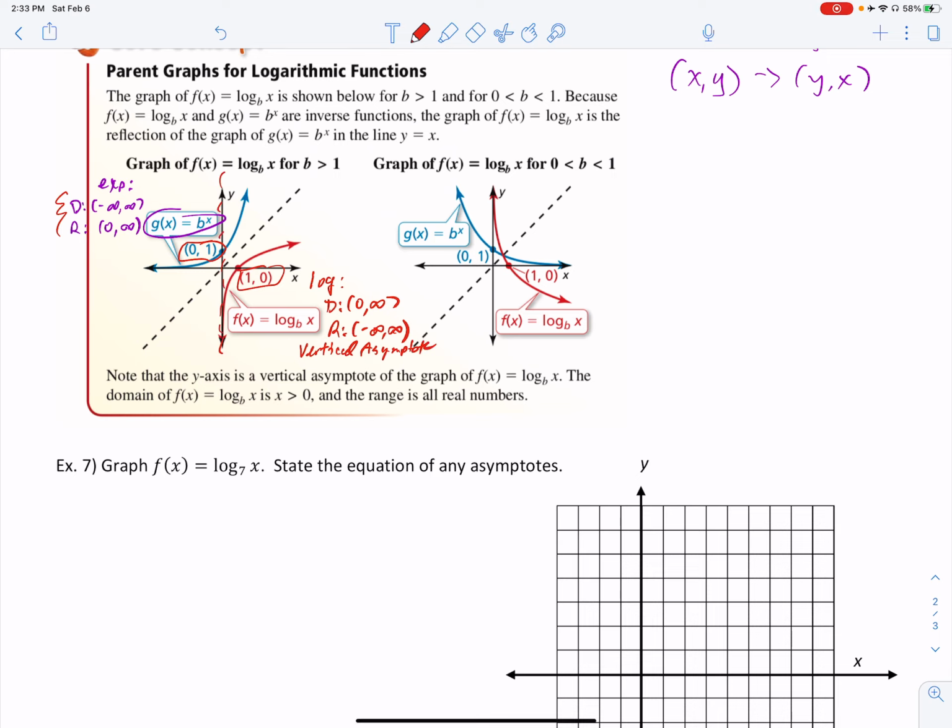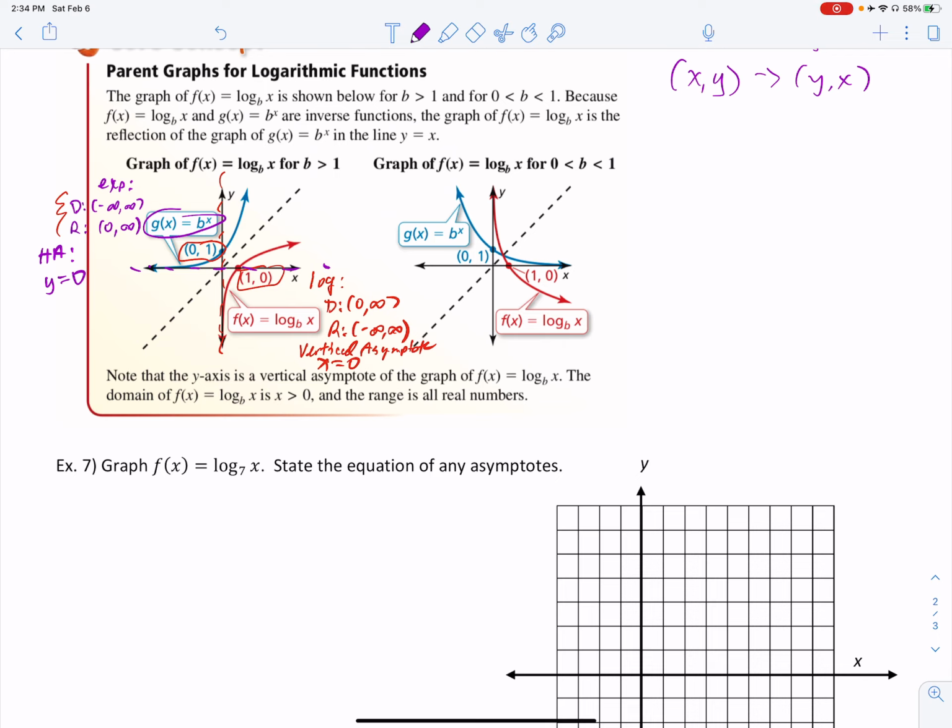It follows the y-axis, x equals 0. Well, on the exponential, it was a horizontal asymptote, the x-axis, y equals 0. So for logarithmics, it switches to the y-axis that acts as an asymptote.